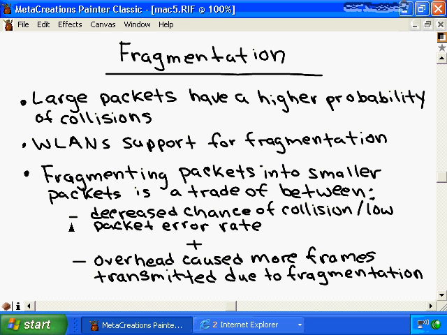Let's say it's been fragmented into 10 different pieces. The destination station needs to know how to put them together again in their original format so you can read that email message. So we need to have the instructions to put Humpty Dumpty back together again.